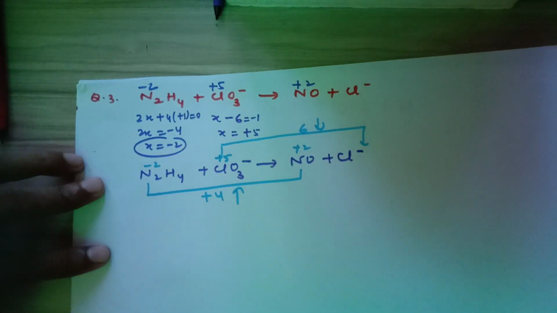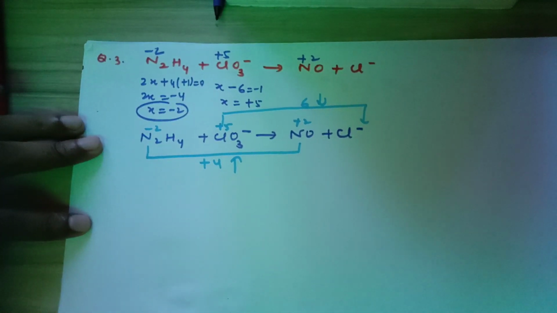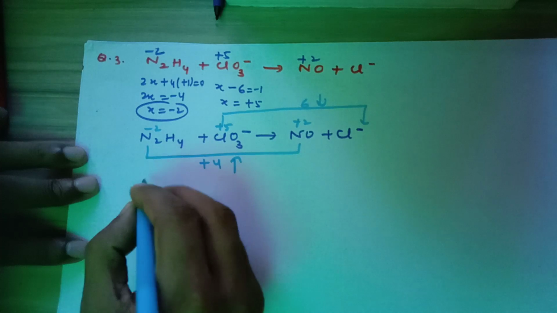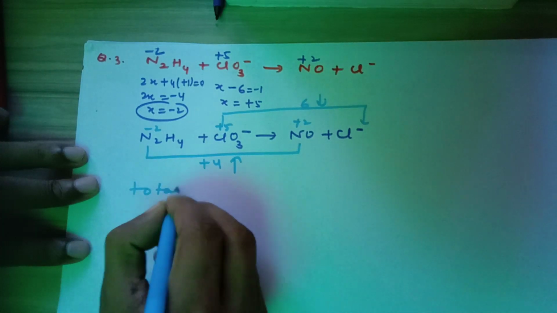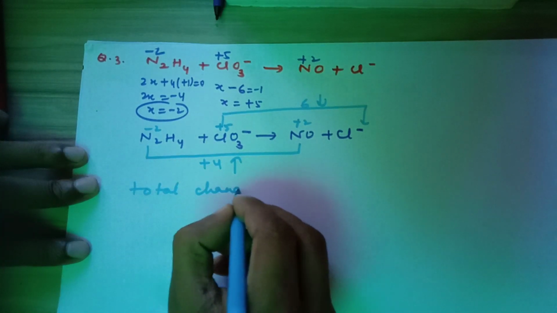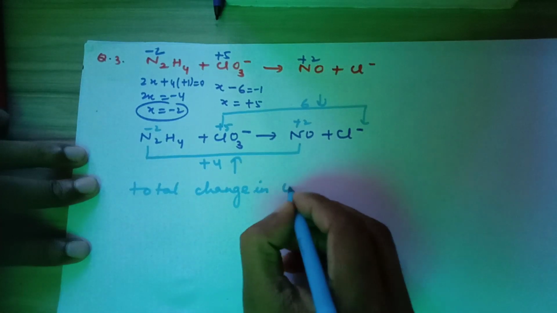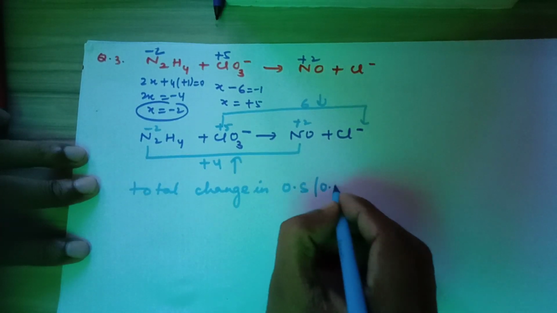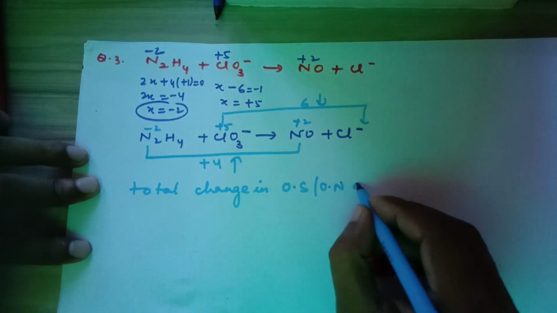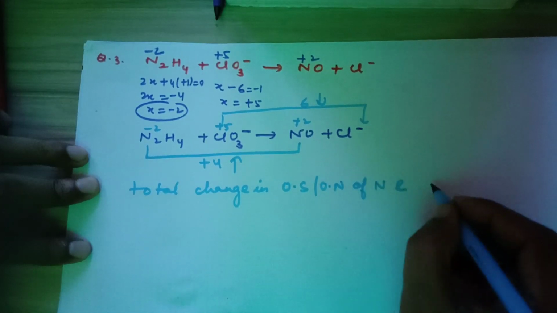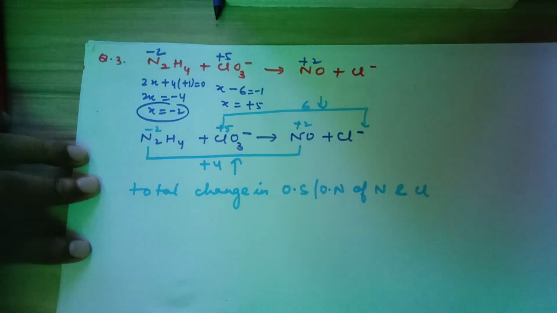Now here we have to find the total change in oxidation state of nitrogen and chlorine, that is the central atom.